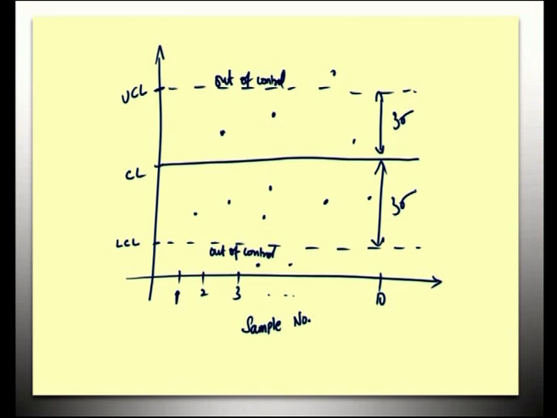The control line is the expectation of the statistic t. For computing UCL, it is expectation of t plus 3 sigma, and for calculating LCL, it is expectation of t minus 3 sigma, and we get the graph like this for the control chart.